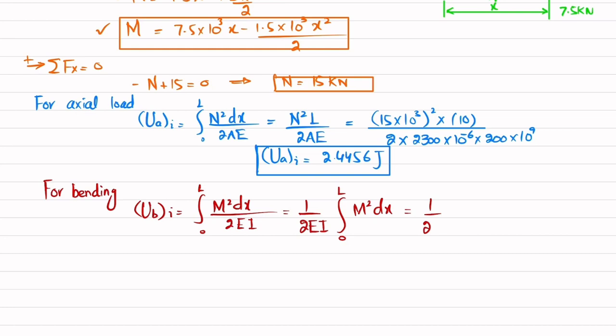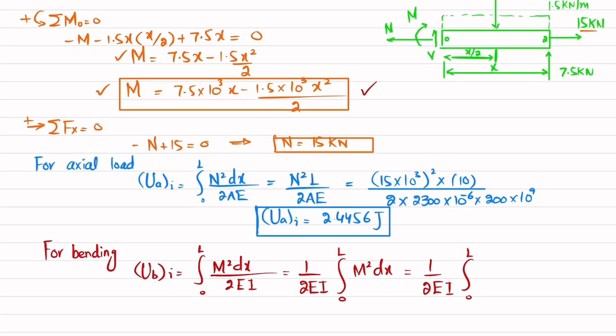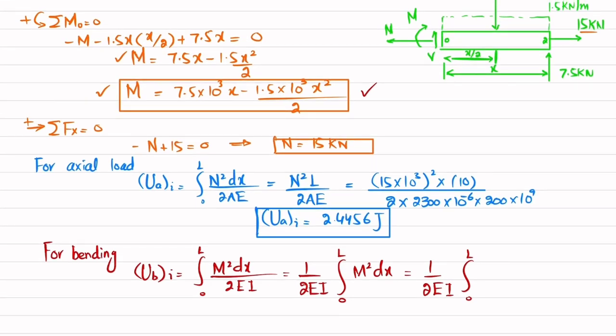Now you have the value of M, so you can just put it in. M is this one here, so you can put 7.5 into 10 to the power 3 x minus 1.5 divided by 2, which is 0.75, x square, whole square, into dx.